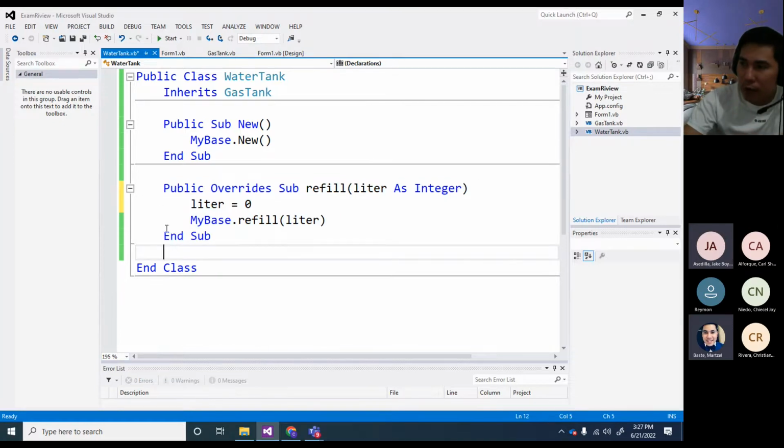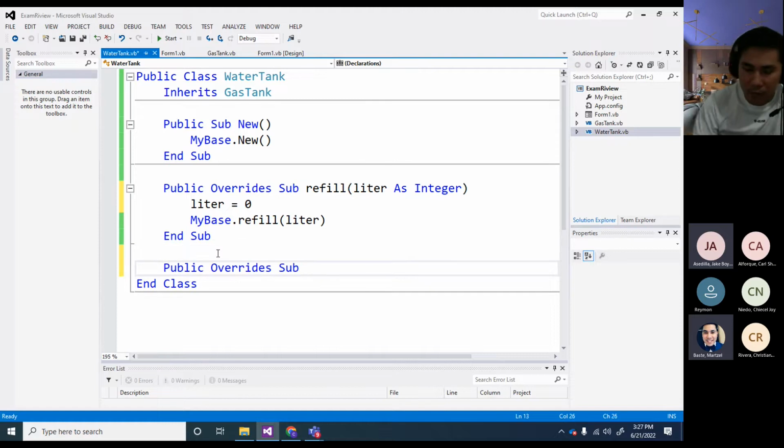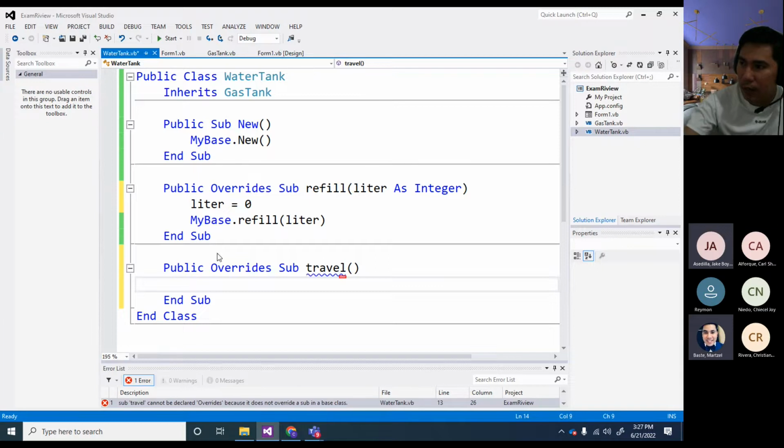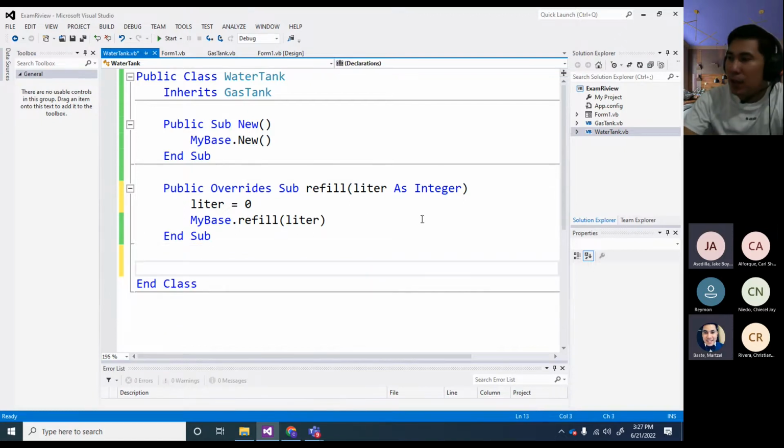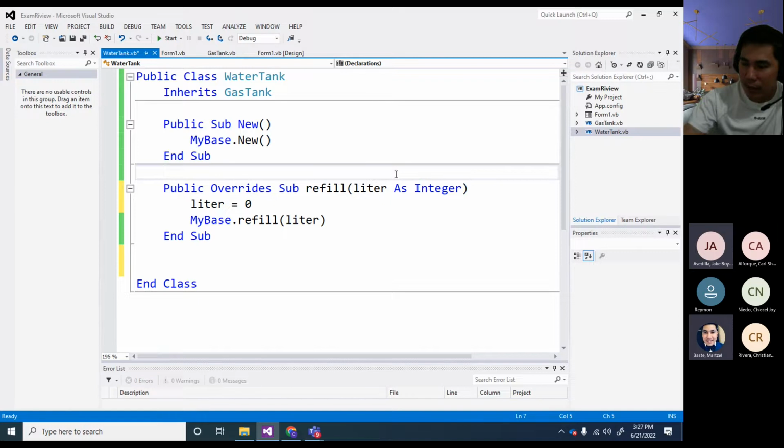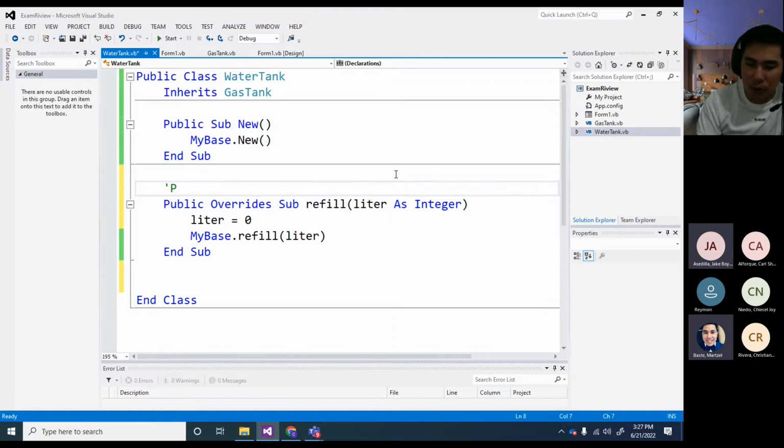So if you try to override travel, it is no longer allowed because it is not overridable. So by the way, this is what we call polymorphism.